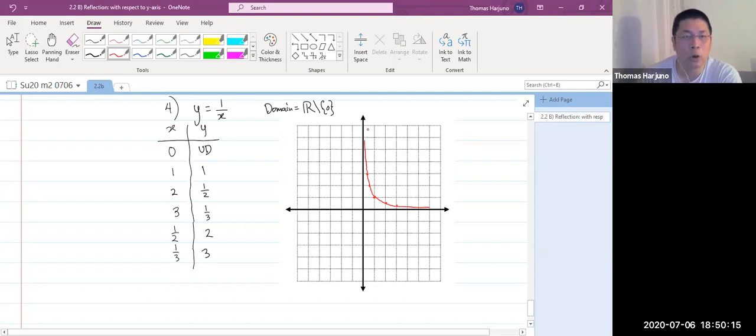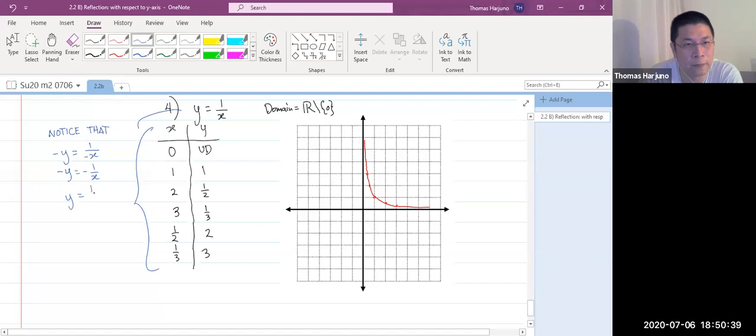Okay, now also notice that if I replace the y by negative y and x by negative x, it simplifies back to the original graph.